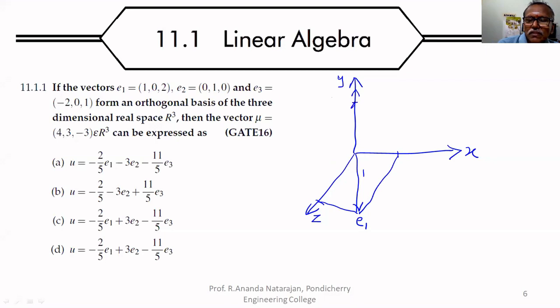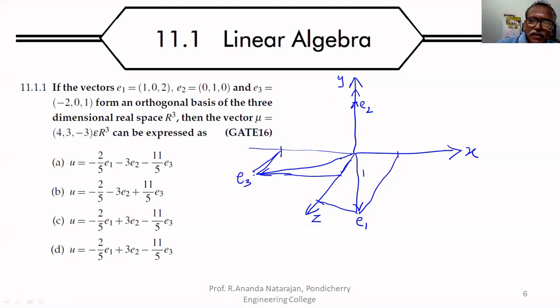E3 is formed by -2 in the x direction and 1 in the z direction. So this much. You can draw a line parallel to this and parallel to this. This is parallel to this. So this is E3.